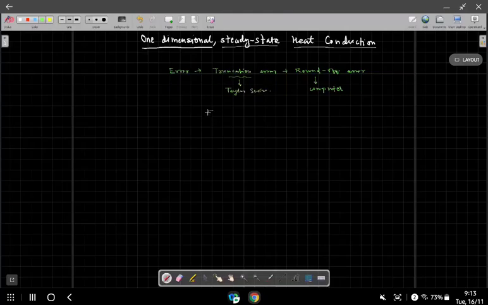So we have seen that forward difference is of the order of delta x, backward difference is of the order of delta x or delta t, central difference is of the order of delta x square and so on.